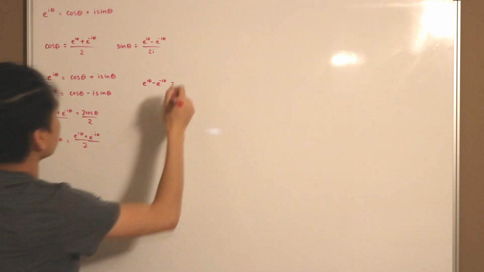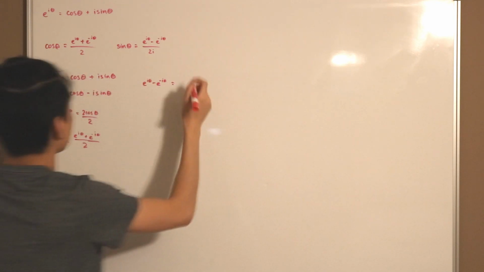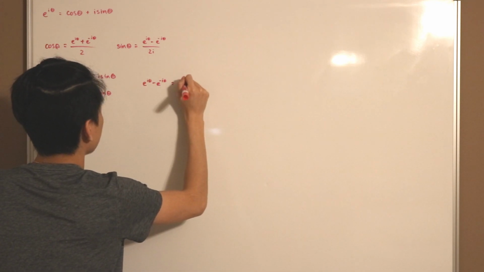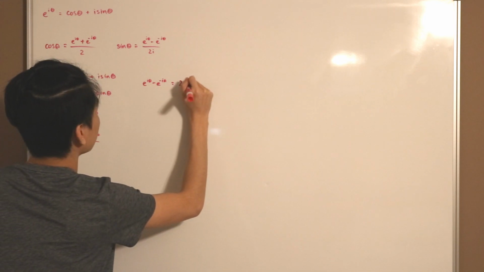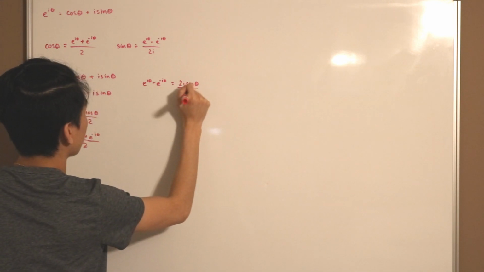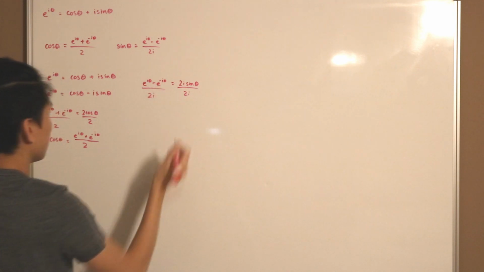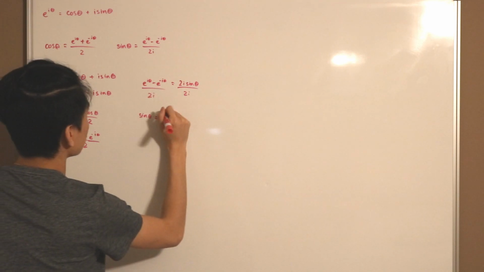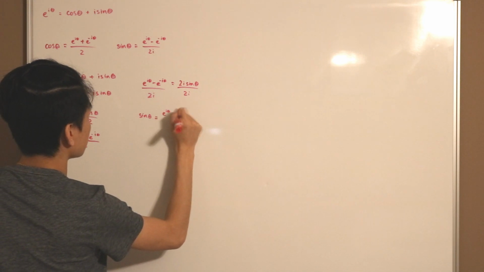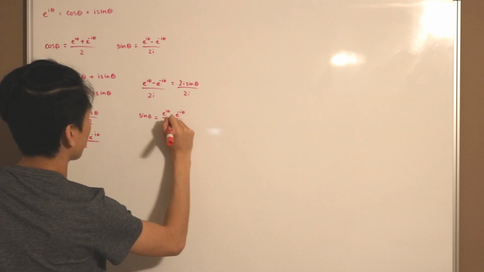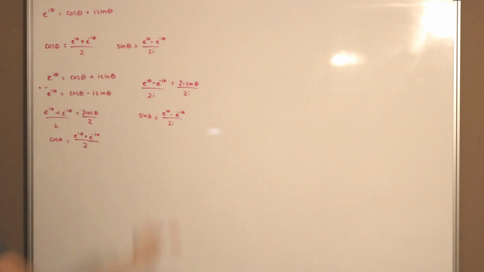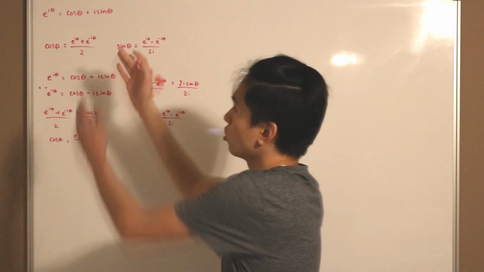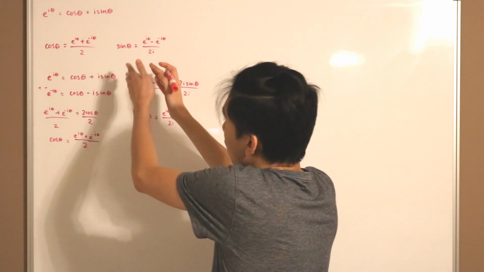Actually, not negative, you get positive. I forgot there's a negative right there. So this will mean we get 2i sine theta. Then just divide by 2i on both sides, and then we have what we want. Sine theta equals e to the i theta minus e to the negative i theta divided by 2i, like so. So that's how we get our cosine and sine functions.